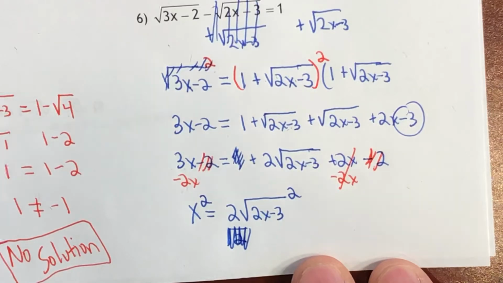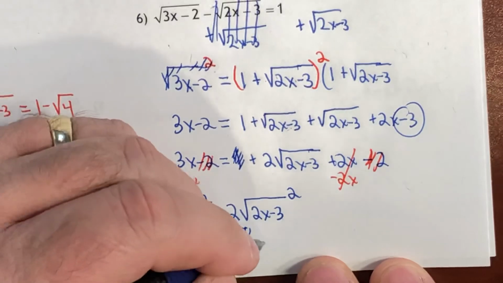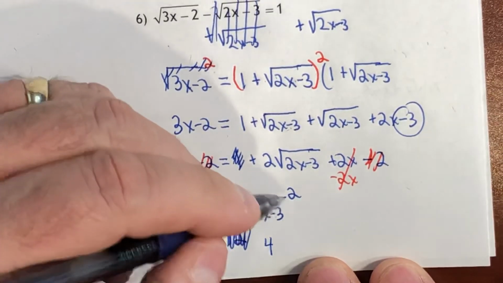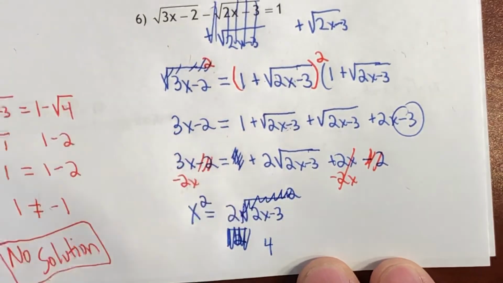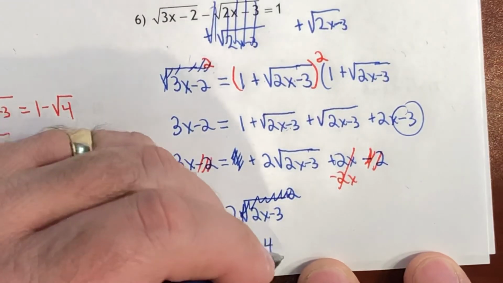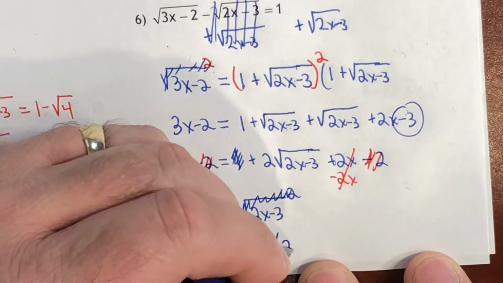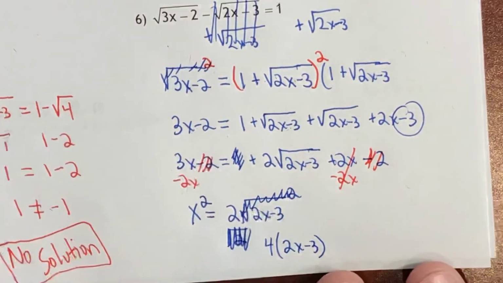So x squared equals, so this square is going to square the 2 to make 4. And then it's going to cause this square root to disappear. So then I have a 2x minus 3 right next to that 4.